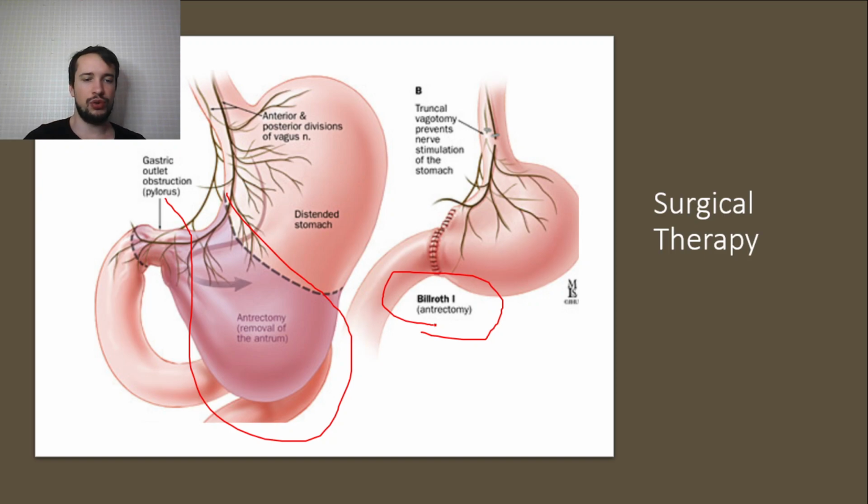The goal of surgical therapy in gastric outlet obstruction is twofold. First, relief of the obstruction, and second, treatment of the predisposing ulcer with an acid reducing procedure.